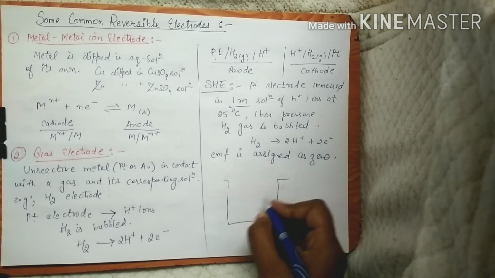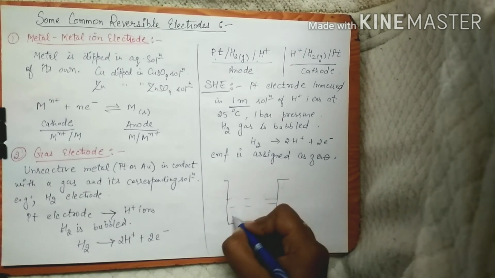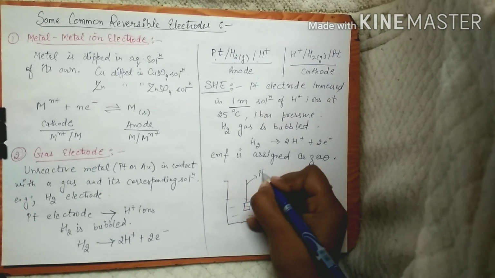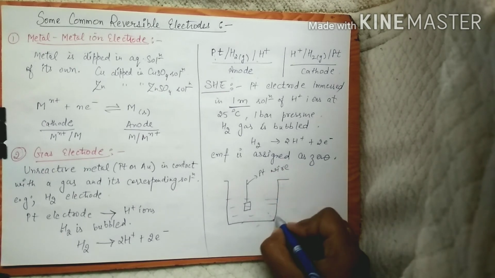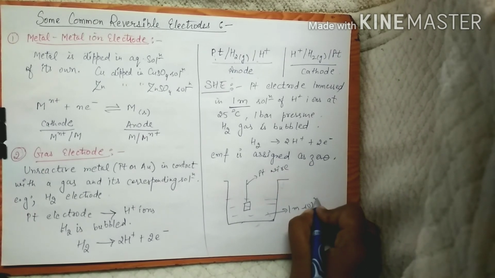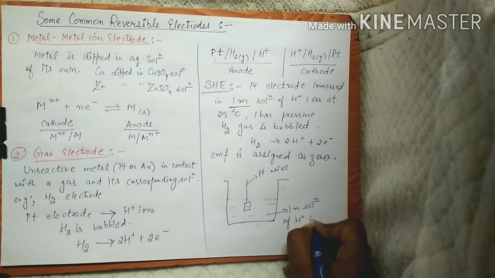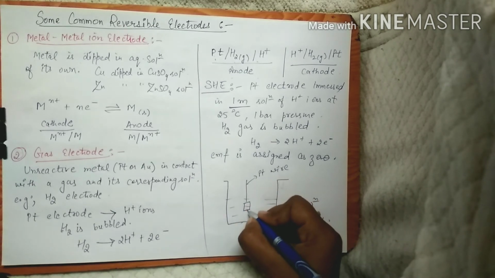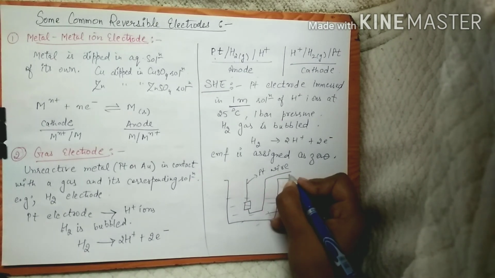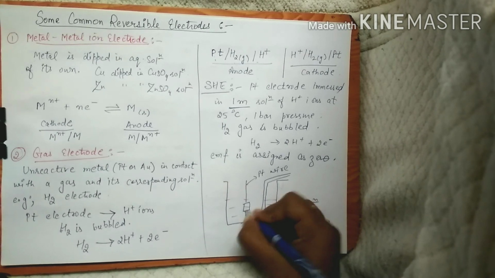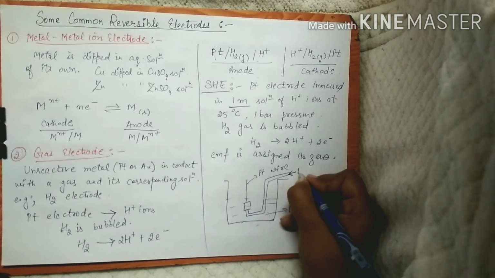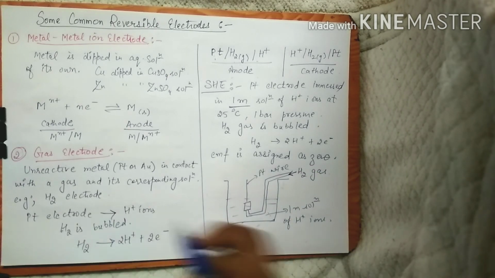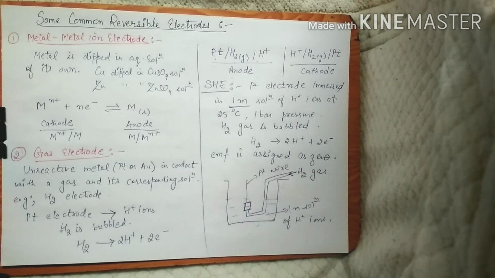What we do, we take a beaker. Here will be your electrolytic solution. Here will be your platinum wire. This will be your 1 molar solution of H+ ions. From here your H2 gas is bubbled into this solution on this platinum, so on this platinum surface the reaction takes place.